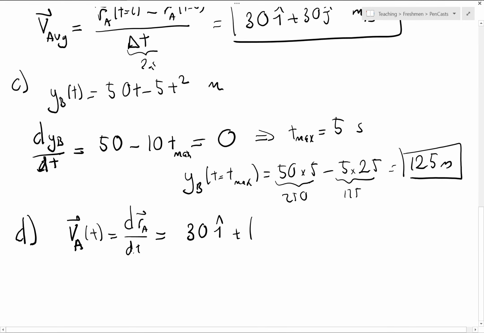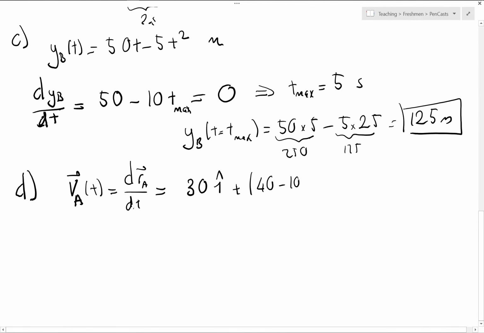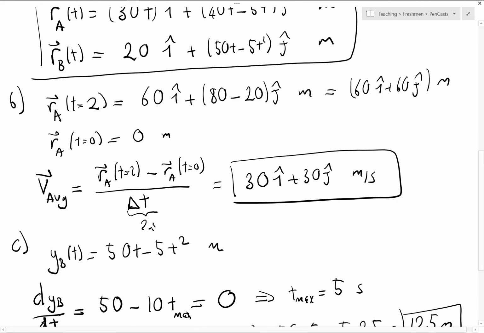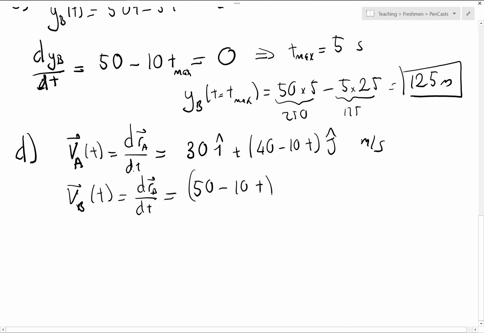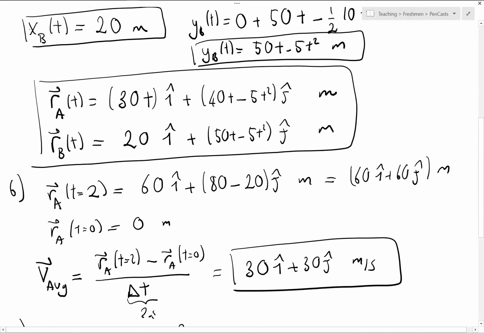I'm doing the derivative really fast: 40 minus 10t j hat meters per second. How about vb? It's going to be the derivative of the position vector of the second object. The first term gives me 0, it's a constant. The second term gives me 50 minus 10t meters per second.